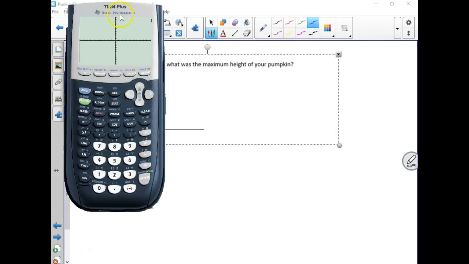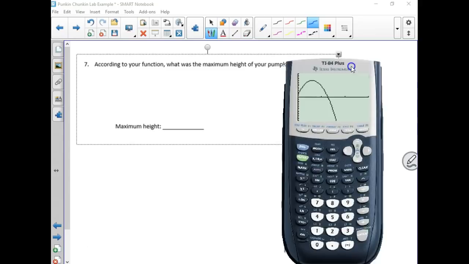You can find the answer from this, but I would like a little bit better picture. I know for my time, which is my x, I need to start at 0. I only took 1.27 seconds to hit the ground, so if I make it like 3 seconds, I should get a little bit prettier graph. And we can see that looks nice there.